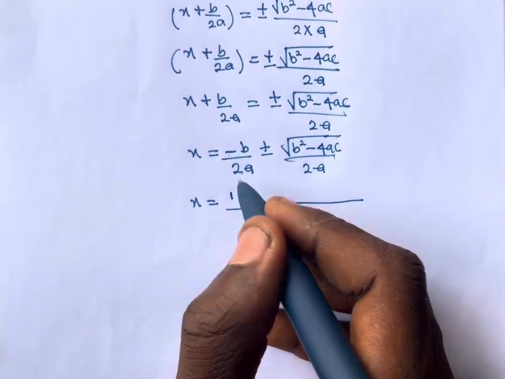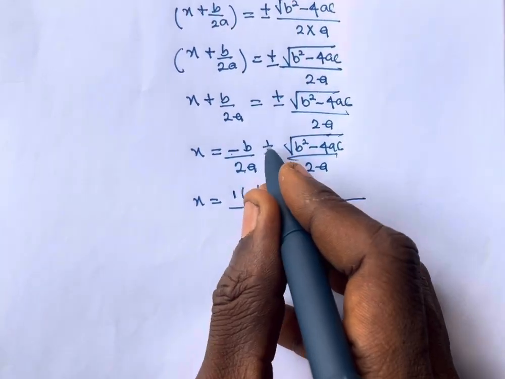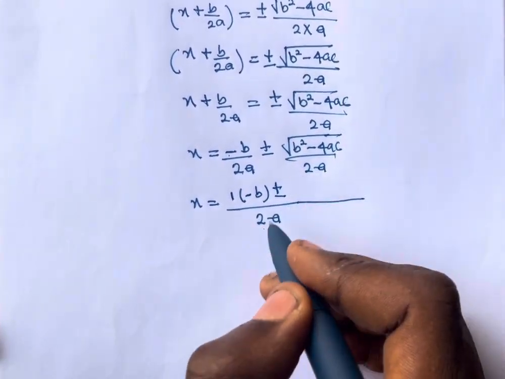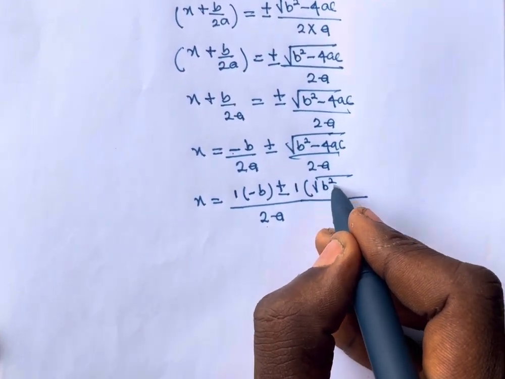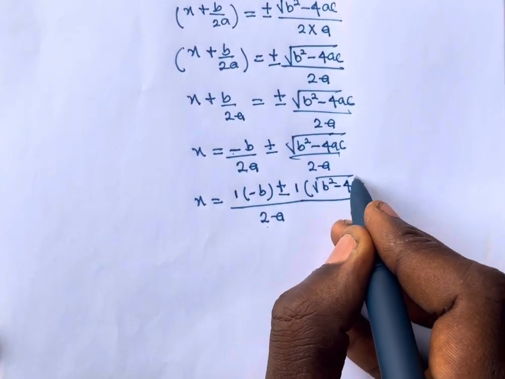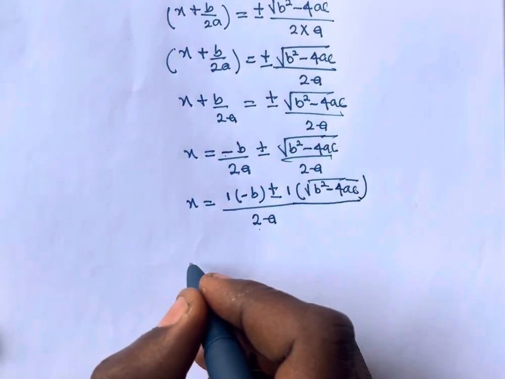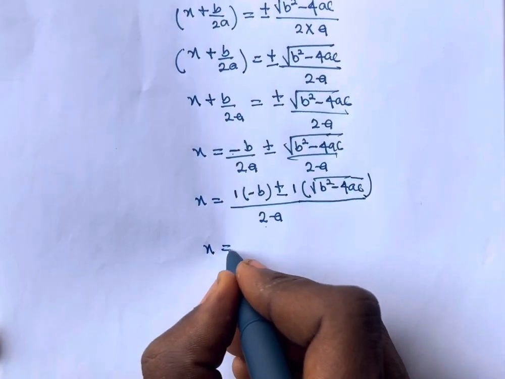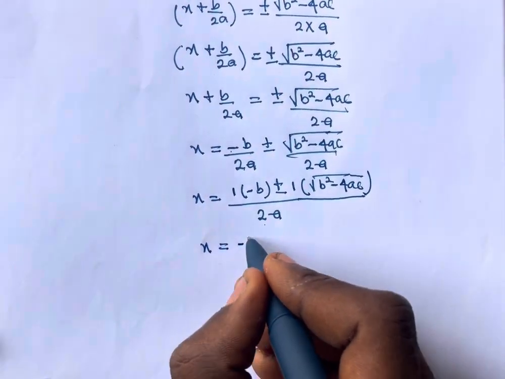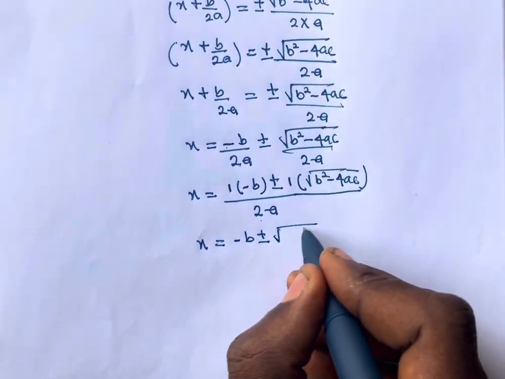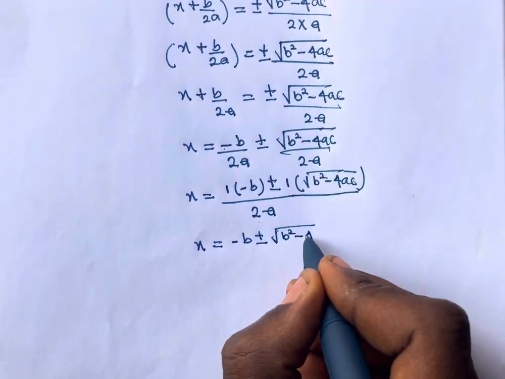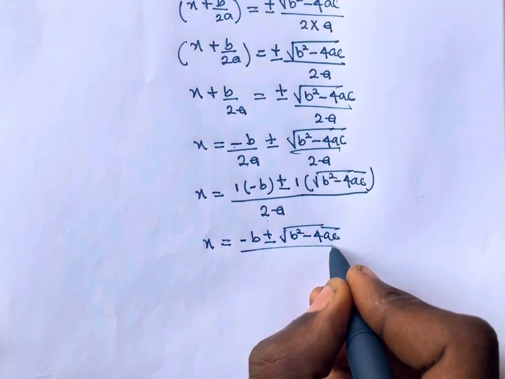Then we say 1 times minus b. Then we have plus or minus 2a into here, that's 1, multiplied by the square root of b squared minus 4ac. Here we have x is equal to 1 times minus b, that is minus b, plus or minus 1 times this, we have the square root of b squared minus 4ac all over 2a.